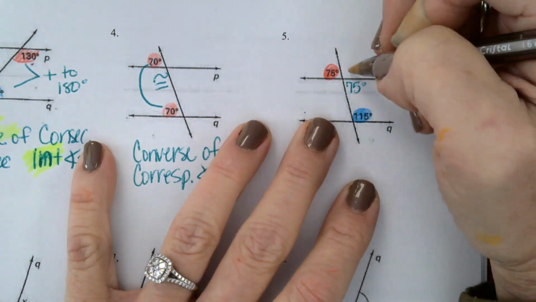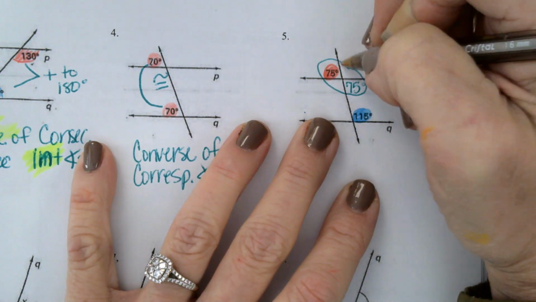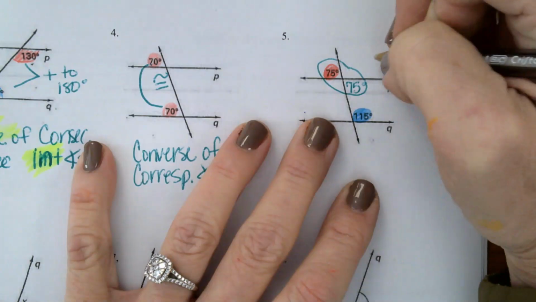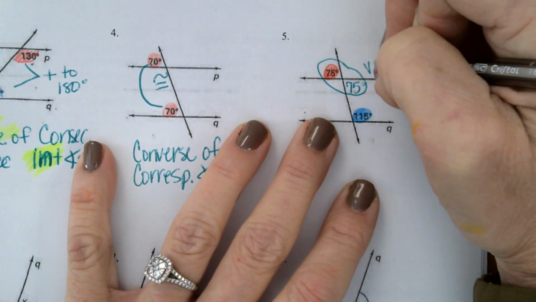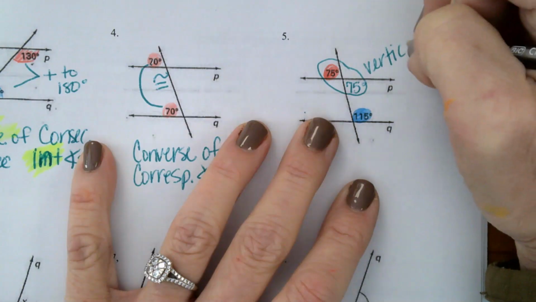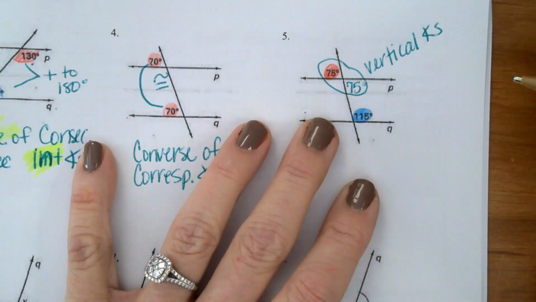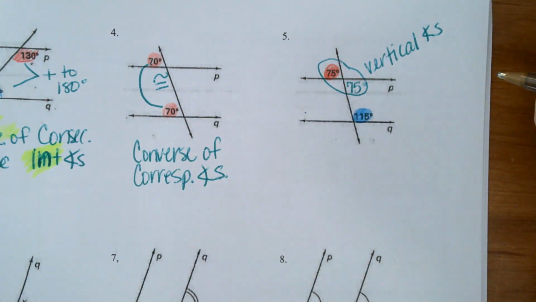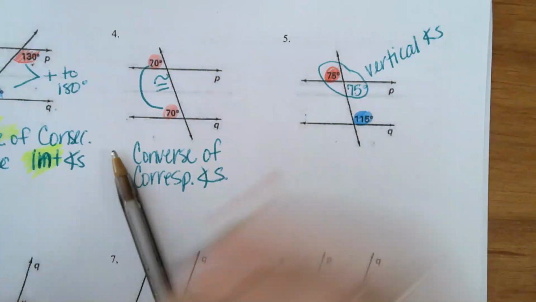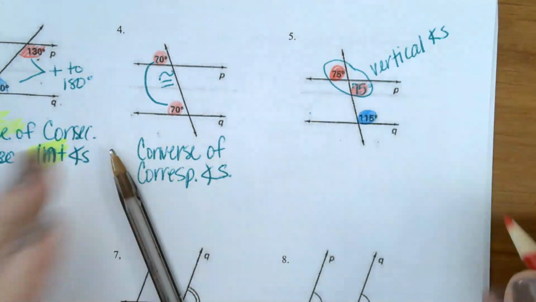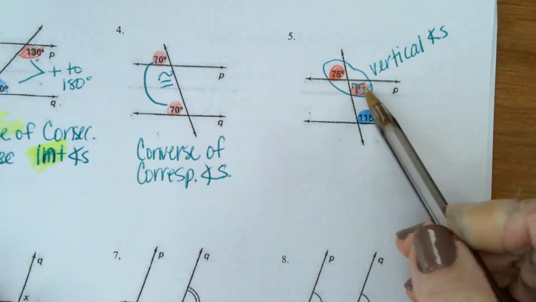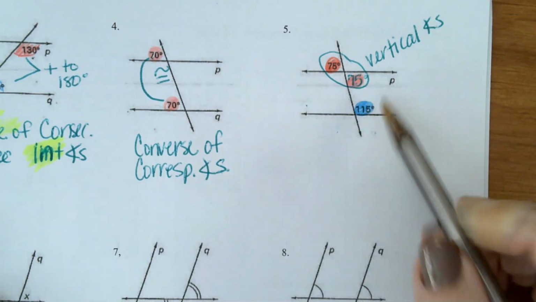What are these? Yeah, they're vertical. Okay, vertical angles. Their vertexes meet. Because I know that's 75. What do I have to test about these?